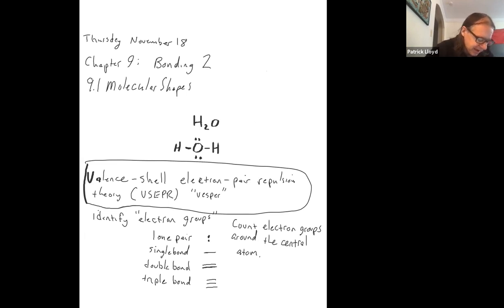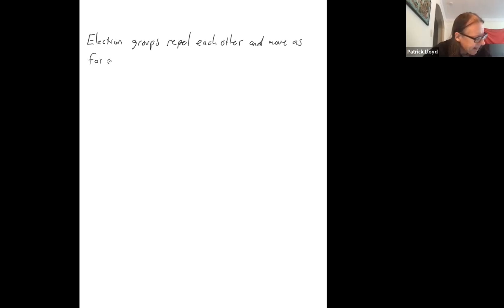The main idea here is that electron groups repel each other and move as far away as they can from each other.